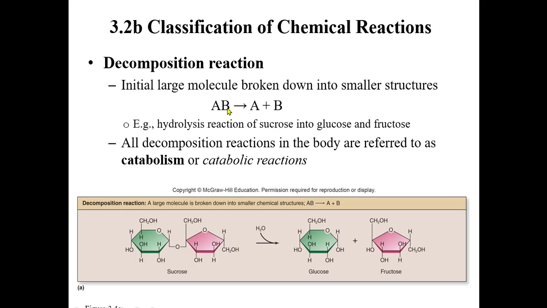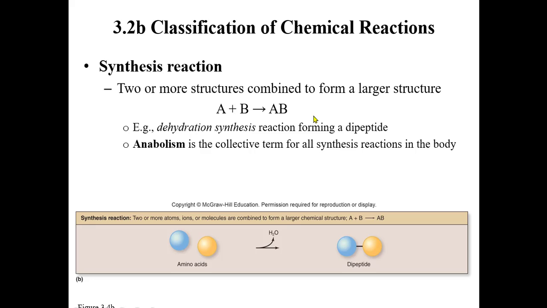This is an example of decomposition. So this is what I said, AB together splits up into A separate, B separate. And hydrolysis is the one we learned in the other chapters before. That would be a good example, hydrolysis, where we're taking AB and splitting it into A plus B. Then we have synthesis, where A and B are joined together to make AB.